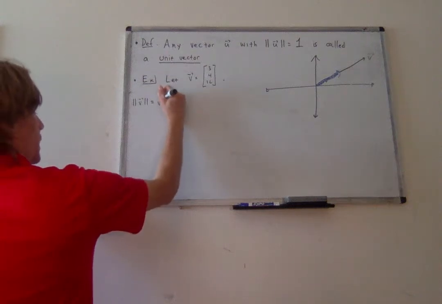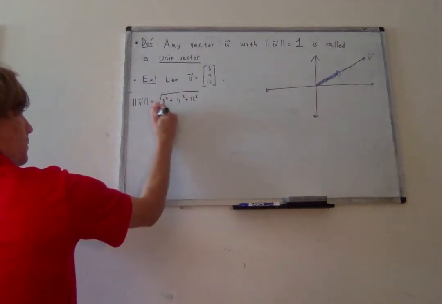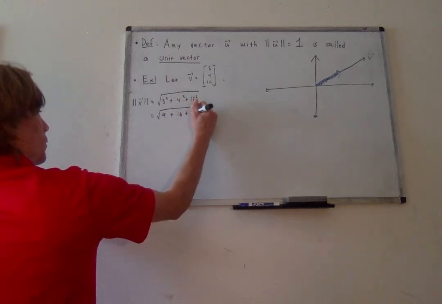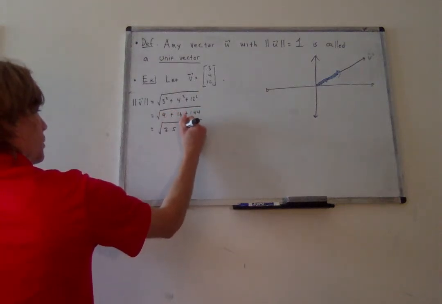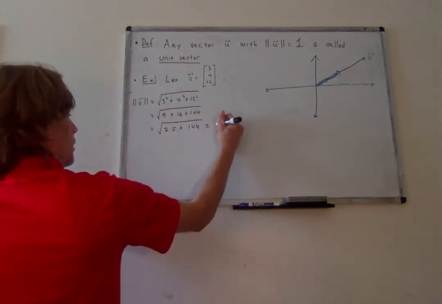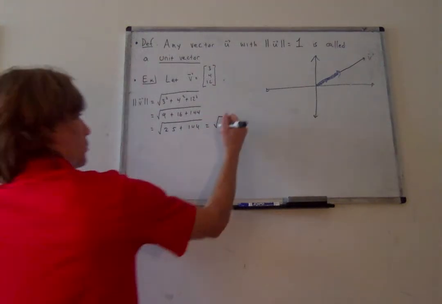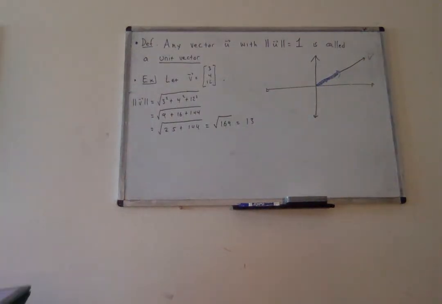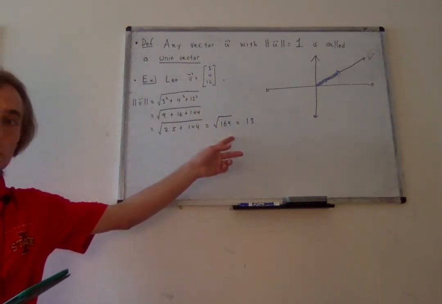And so the length of v is equal to the square root of 3 squared plus 4 squared plus 12 squared, which is equal to the square root of 9 plus 16 plus 144, and 25 plus 144 is the square root of 169, which I think is equal to 13. So certainly the length of v is not equal to 1.